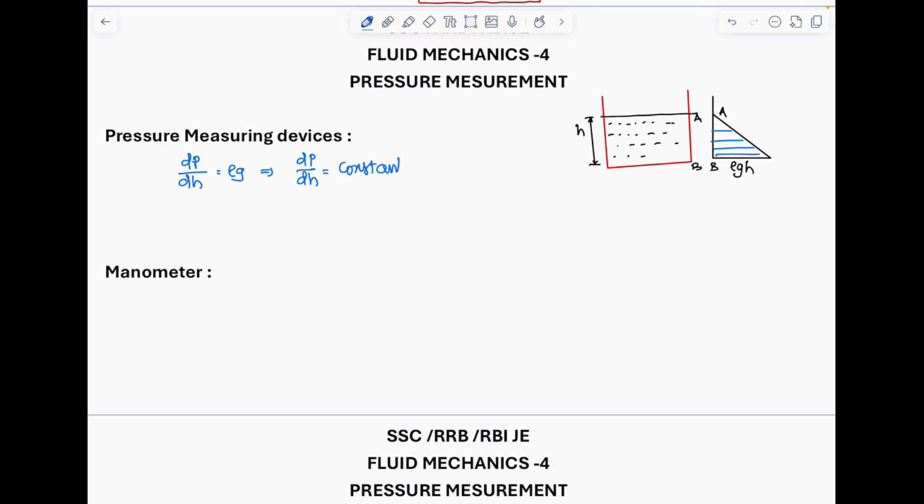Rho g is a constant. That implies dP is equal to some constant into dH. That implies delta P is directly proportional to delta H. That implies P is directly proportional to H. Please remember this. It's very important.